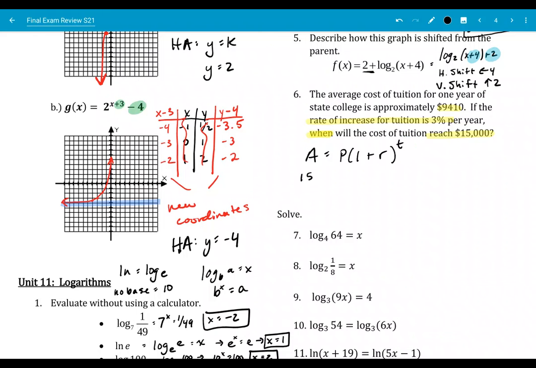So what I have here is 15,000 is equal to 9,410 times 1 plus 0.03, 3%, to the power of t. So I can combine this to 1.03 to the power of t.